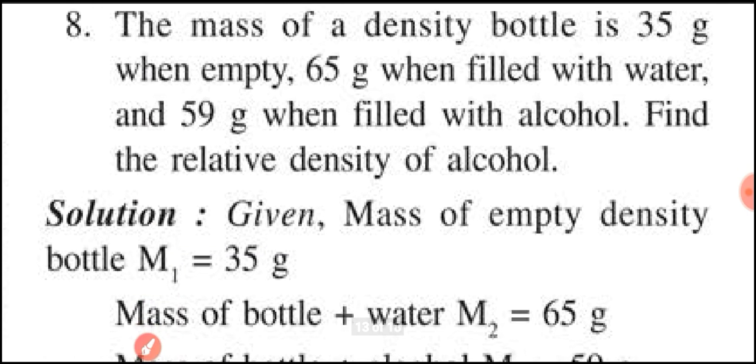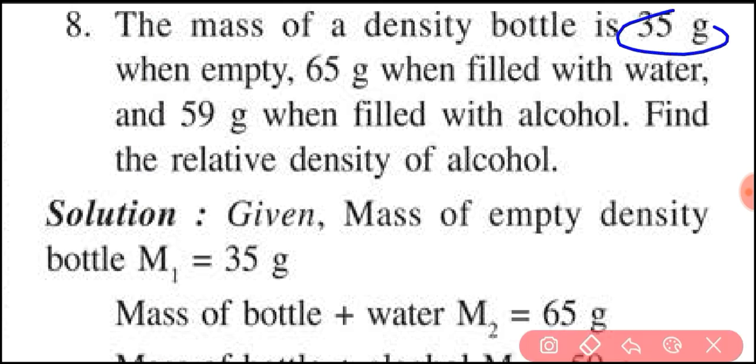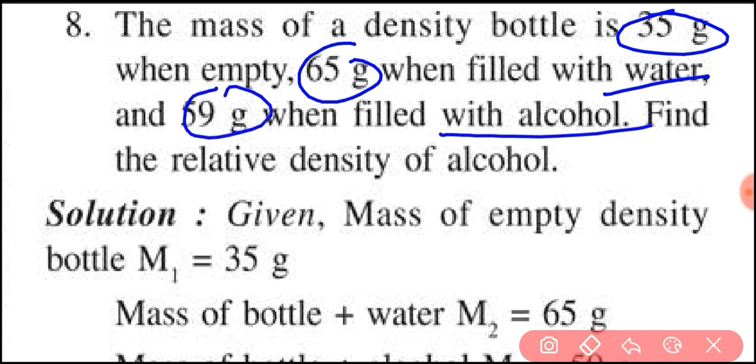Now, 8th question. The mass of a density bottle is 35 gram when empty, 65 gram when filled with water, 59 gram when filled with alcohol. Find the relative density of alcohol.